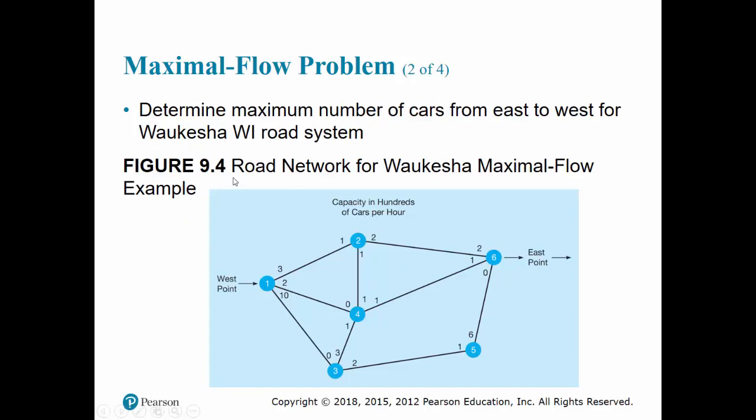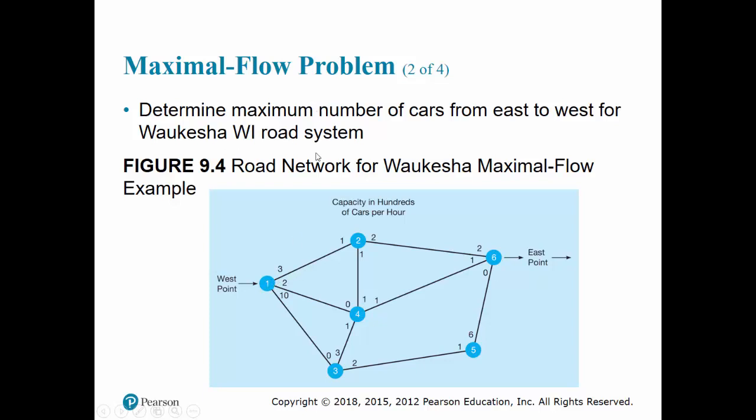Okay, so here is an example. Say it's a road network, and we have the west point and the east point. Each node has arcs, and there is a number associated on either side of the arc. This number means that at the maximum you can send 3 units.